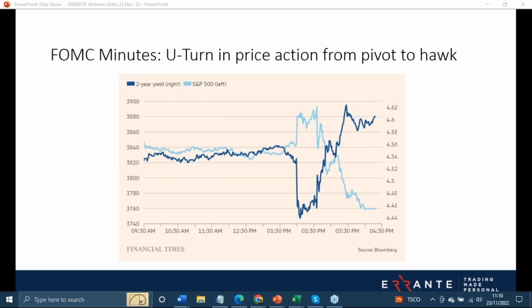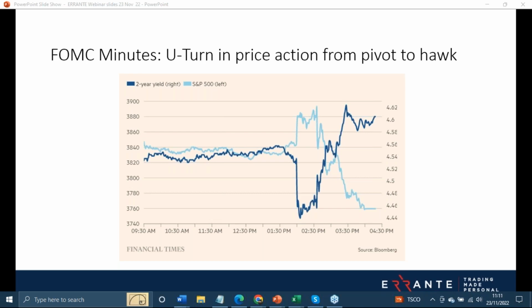And then you saw markets, and you can see on this graphic here, yields popped higher, jumped from the lows, while the S&P and risk assets generally got sold into as Fed Chair Powell was trying to emphasize that the FOMC remains quite hawkish.